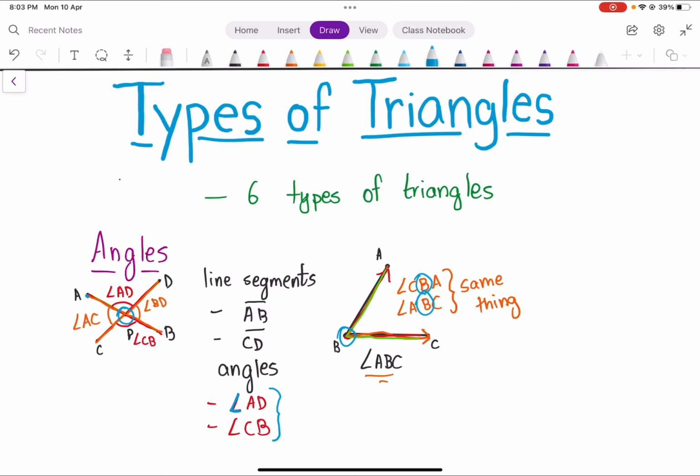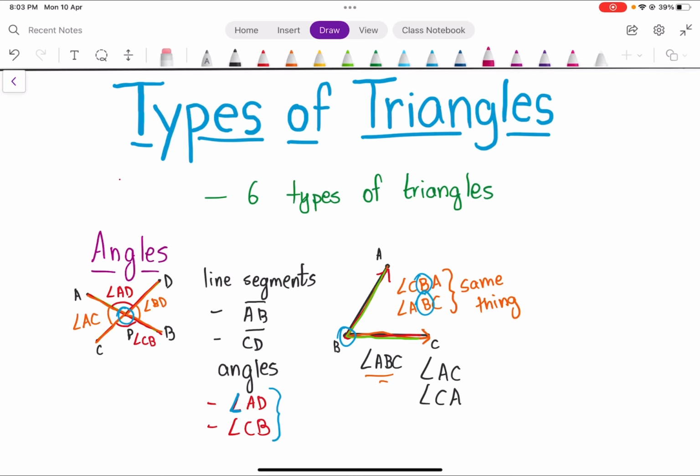Because if you went from A to C, then it's obvious you'd have to go through P, because you can't just draw an imaginary line and go from there to there. So if you wanted, you could write this angle as angle AC or CA.